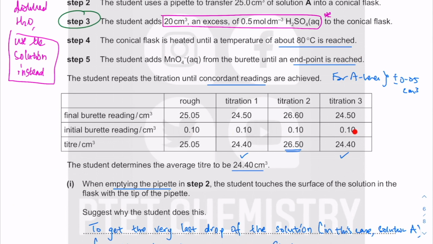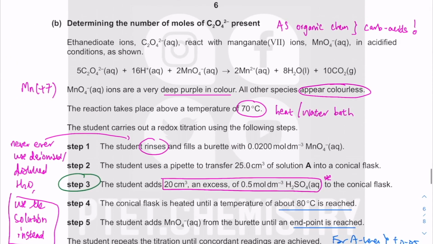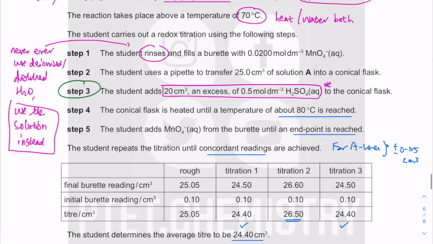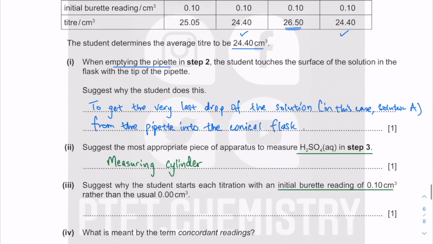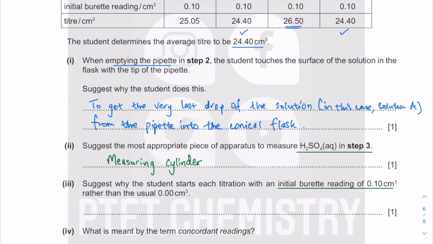And essentially, when we do titration involving MnO4 minus, we always read above the meniscus. Okay, because you read above the meniscus here, you will read above the meniscus here. You read above meniscus, you read above meniscus, so this reading will still be correct. The same way, you will read below meniscus for something which is not intensely colored. Only for something which is very intensely colored do we have to read above the meniscus, so we cannot possibly start from 0.00.